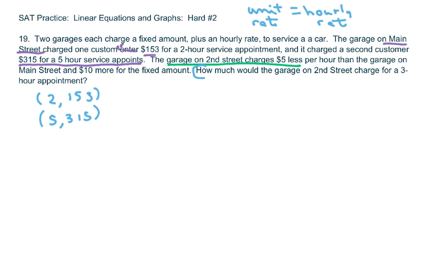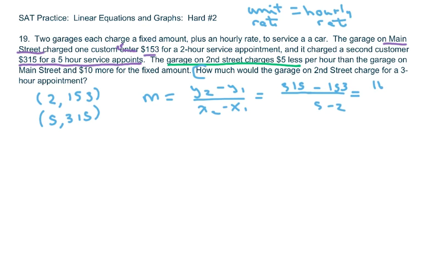So let's find the slope, or the unit rate, which is y sub 2 minus y sub 1 over x sub 2 minus x sub 1. I'm going to do 315 minus 153 over 5 minus 2, which gives me 162 over 3, which equals 54.